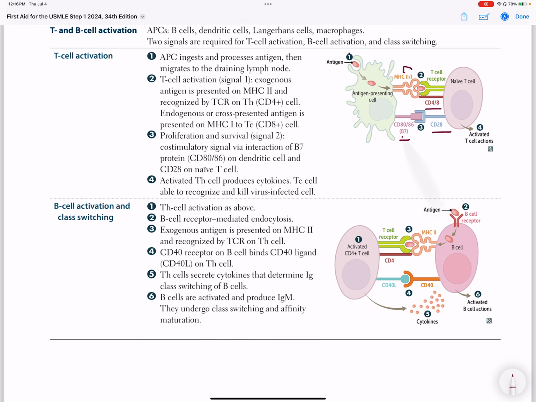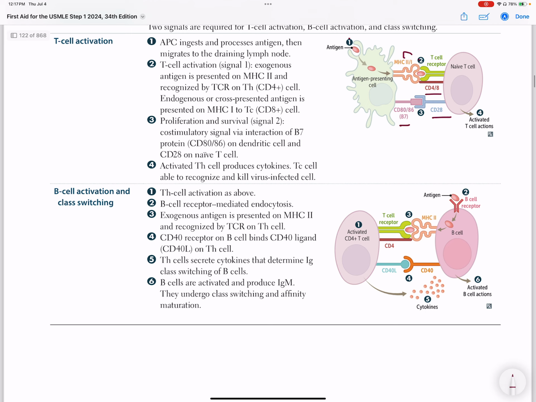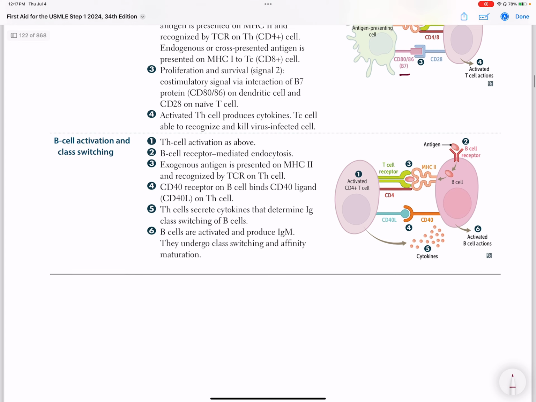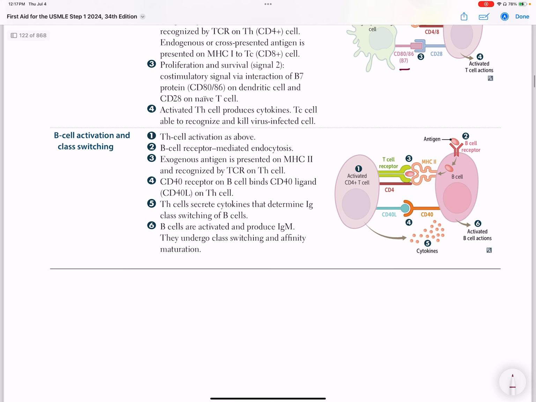So CD80/86 from the antigen presenting cell interacts with CD28 on the naive T cell. Now this activated T helper cell produces the cytokines. The CD8 cell is able to recognize the antigen, and it goes against the virus and kills the virus infected cell.